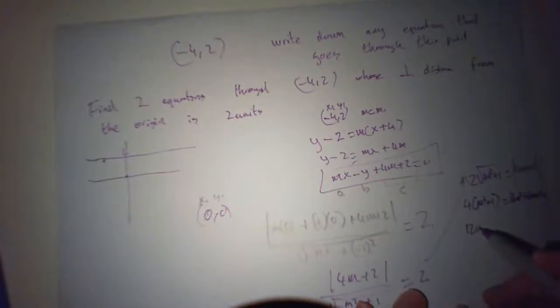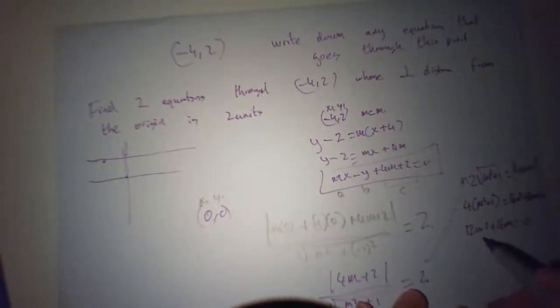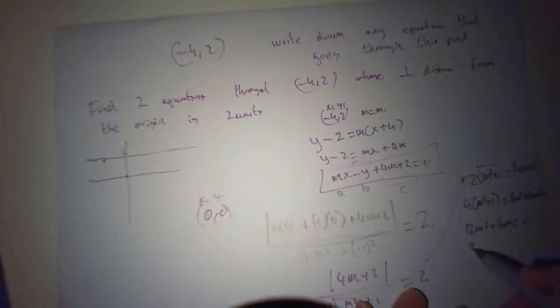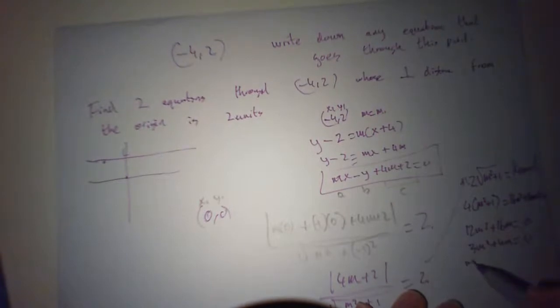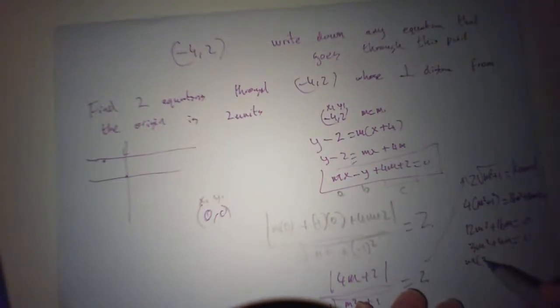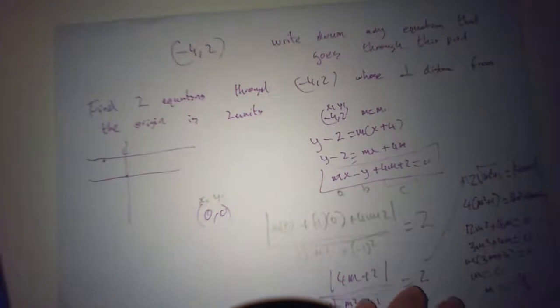So we're left with 12m squared plus 16m equal to 0. Factorize out. We can divide across by 4, so that's 3m squared plus 4m equal to 0. And that's m times 3m plus 4. So m is equal to 0, and m is equal to minus 4 over 3.